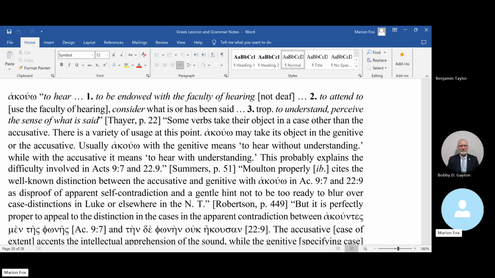There it is, about the middle of your screen. Unfortunately, I don't have the stem on it, but I suspect it's alpha iota rho. That's what I would try, and I think that's probably it.